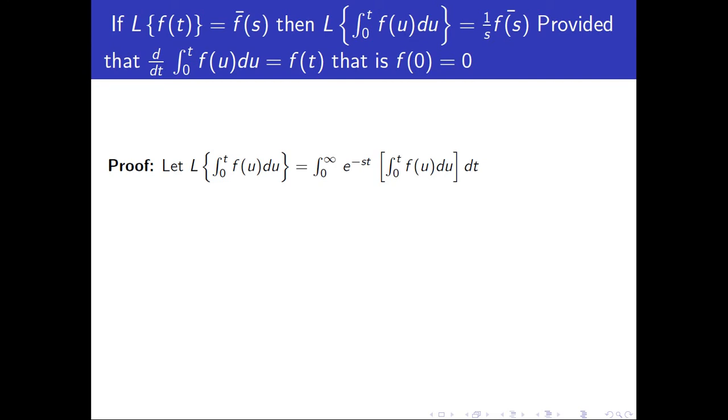Let Laplace transform of integration from 0 to t f of u du be equal to integration from 0 to infinity e raised to minus st integration from 0 to t f of u du into dt.